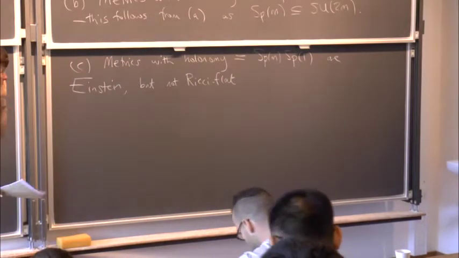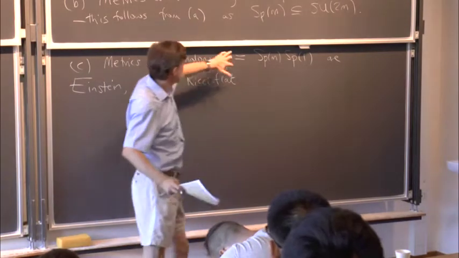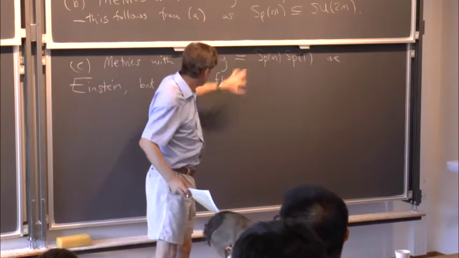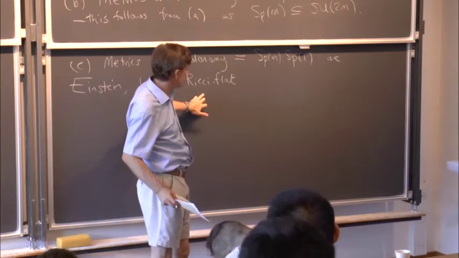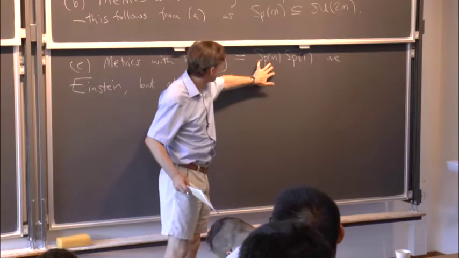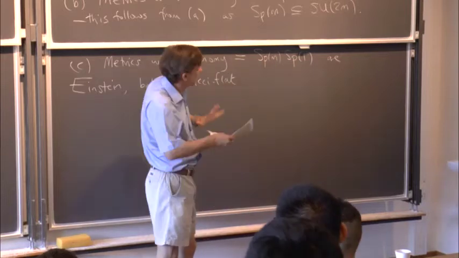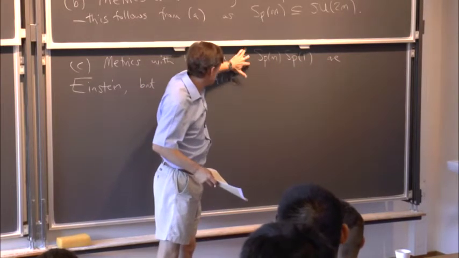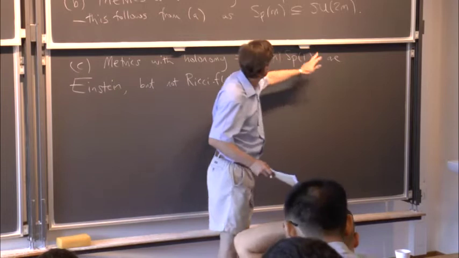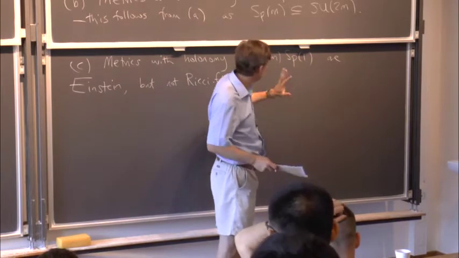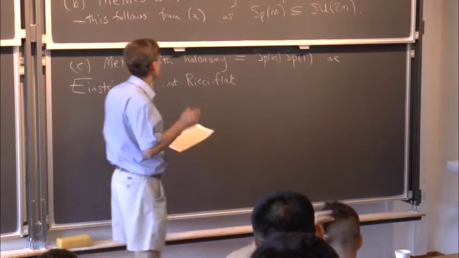So if you had a metric with holonomy contained in Sp(m)Sp(1) and it was Ricci flat, then actually the holonomy would reduce to Sp(m), at least up to the fundamental group, so the reduced holonomy would be contained in Sp(m). So somehow the Sp(1) factor here necessarily contributes a non-zero Einstein constant if it's present.